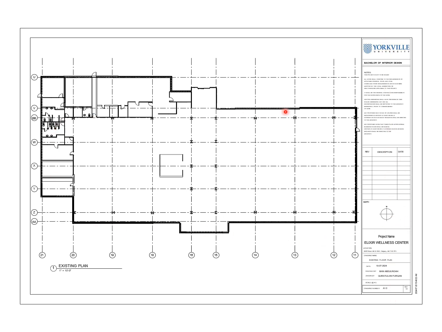This is the existing plan. There are a few requirements: you have to show the existing plan, demo plan, and the new floor plan. Nothing much is required in assignment 1, but the formatting of your title block is still really important.